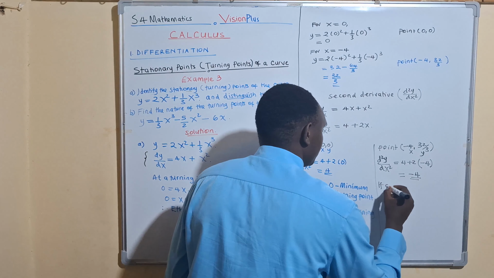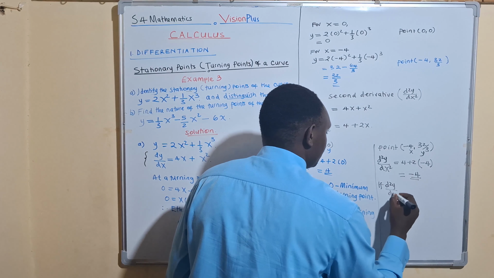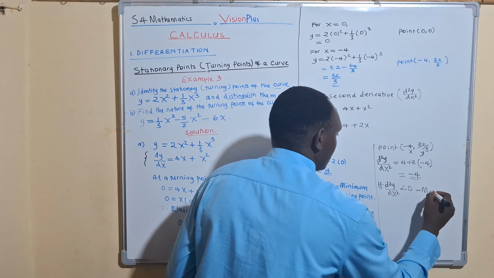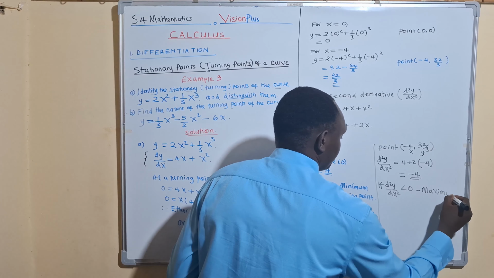And we say that if the second derivative is less than 0, then it is a maximum turning point.